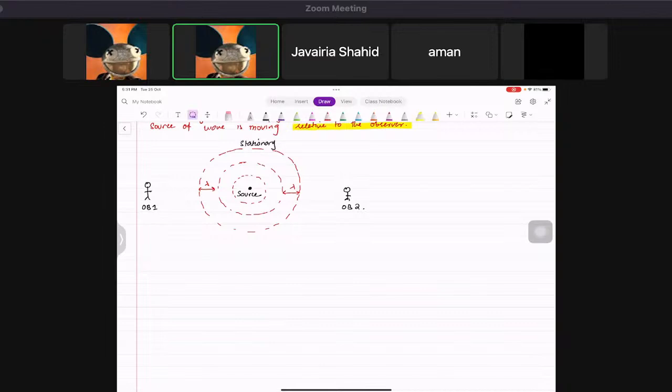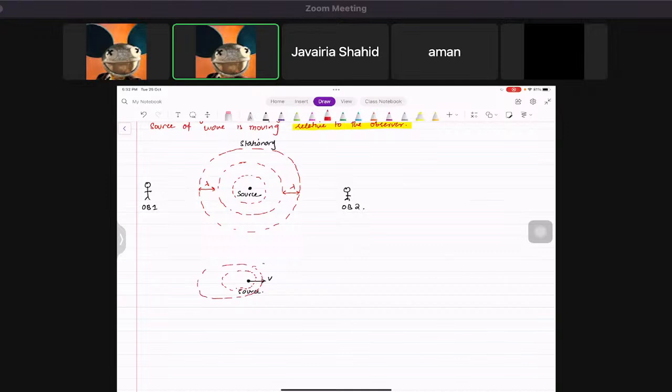Now, when this source starts to move, what actually happens is that when it produces a wave, the wave travels and also the source travels forward.